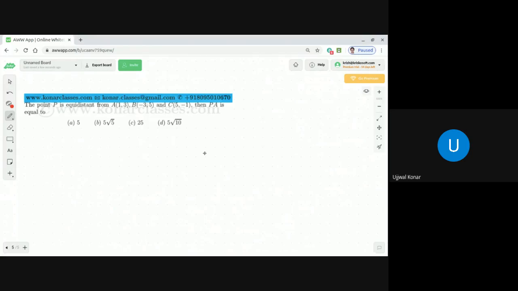So suppose the point A is here, it is (1, 3). B is here, that is (-3, 5).